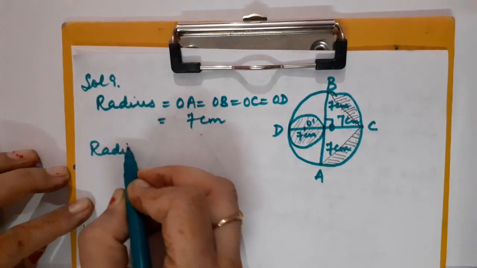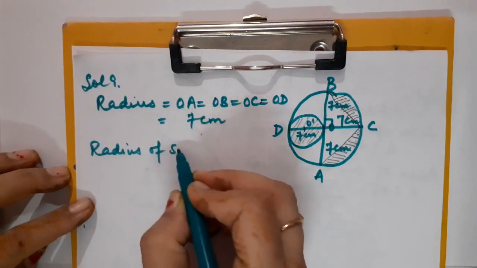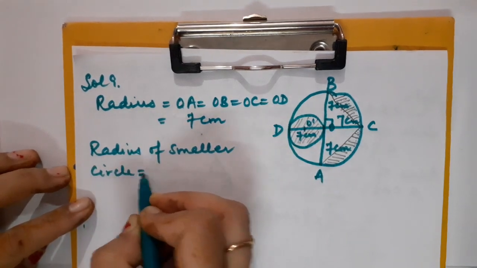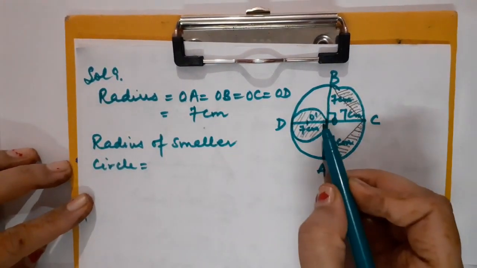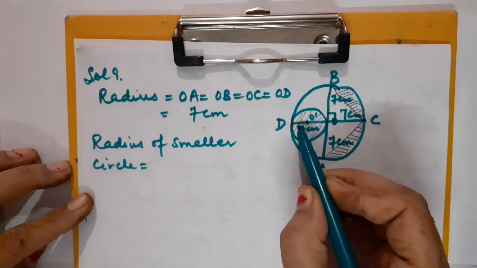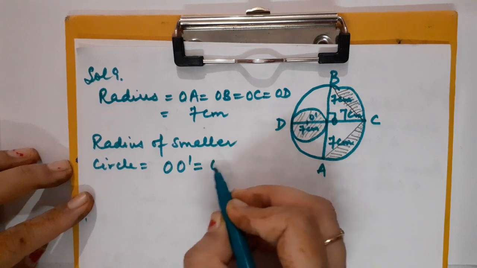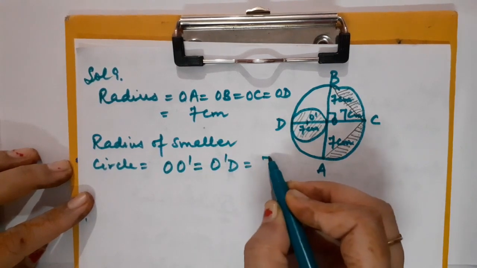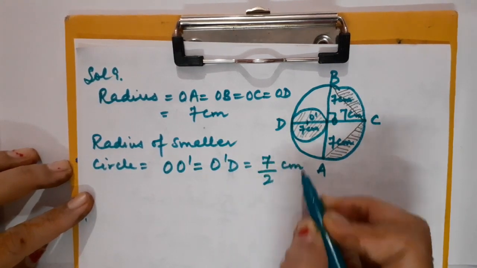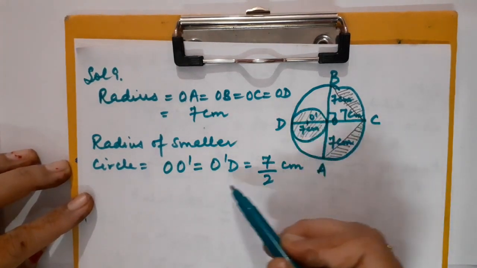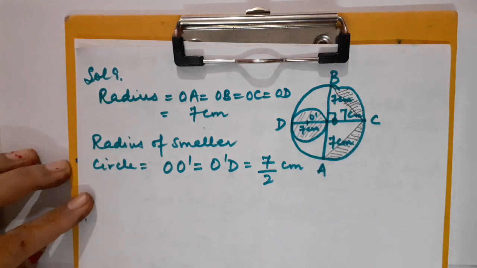Now the radius of the smaller circle, which you call OO dash, or O dash D, so OO dash is equal to O dash D is equal to 7 by 2 centimeter. The reason is that diameter is double the radius and radius is half of the diameter.